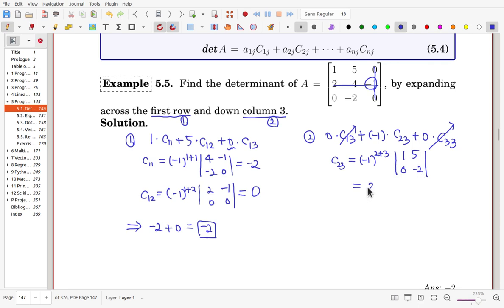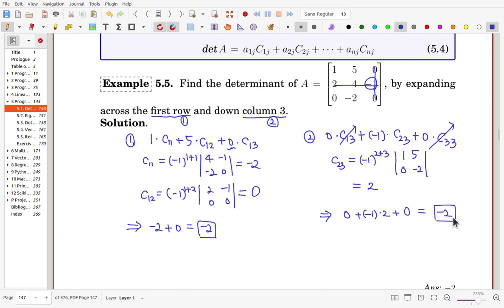So C23 is (-1)^5 times -2, which is 2. From this, we have 0 plus -1 times C23, which is 2, plus 0, so we have -2.